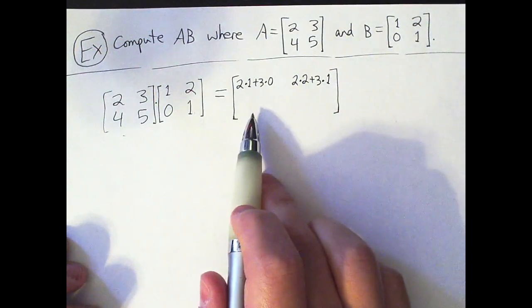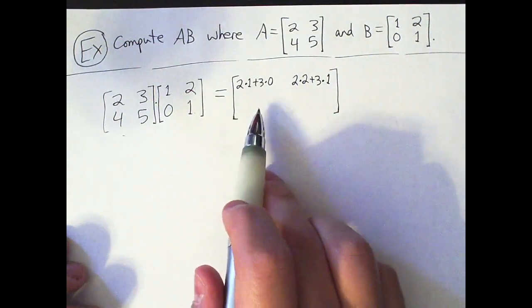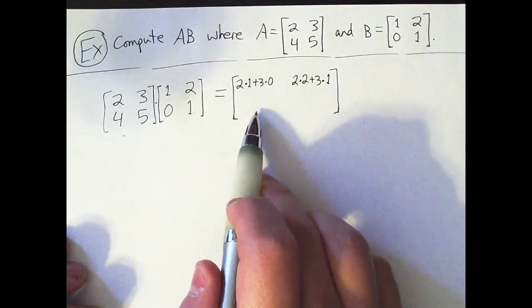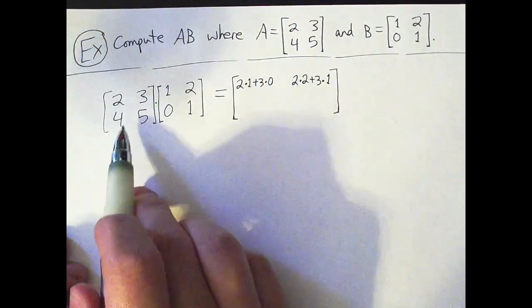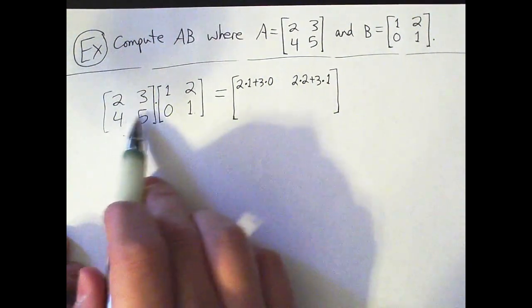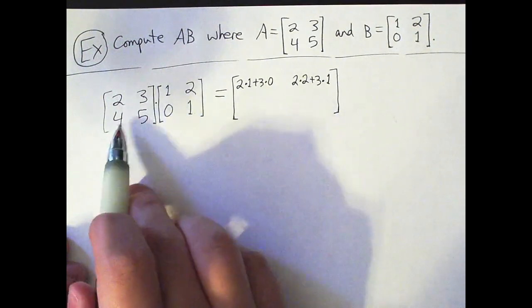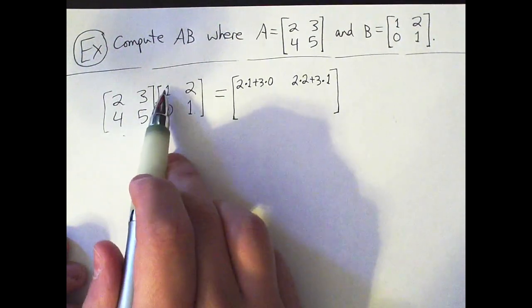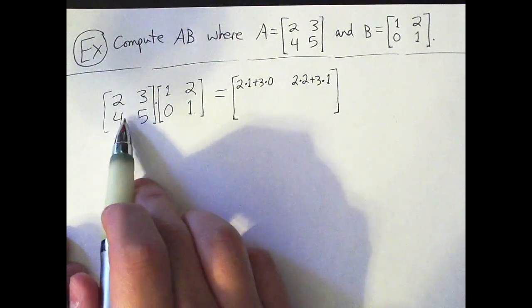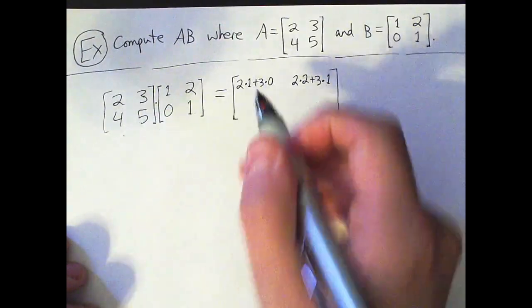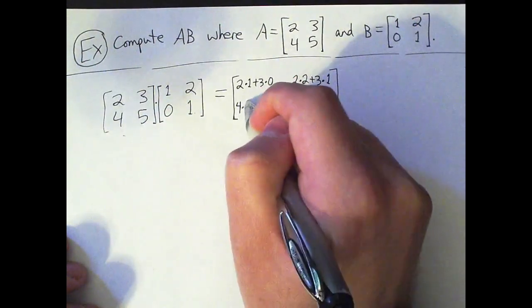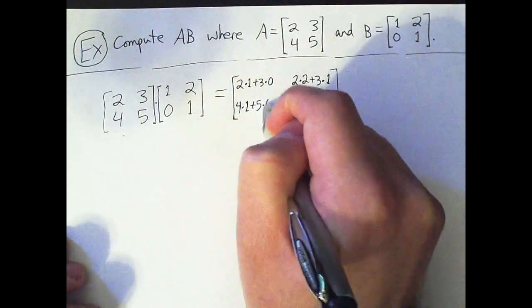Moving on to the lower left, I'm now in row 2, column 1. So I need to look at row 2 of A, column 1 of B. So the 4, 5, and the 1, 0: 4 times 1 plus 5 times 0.